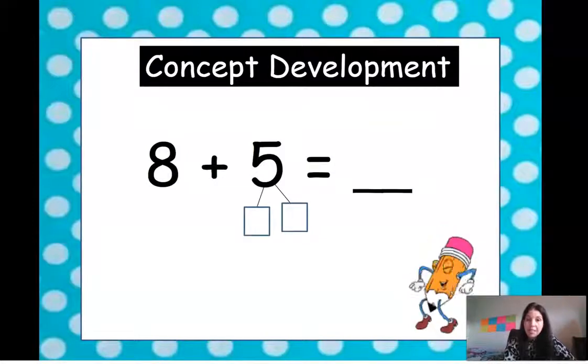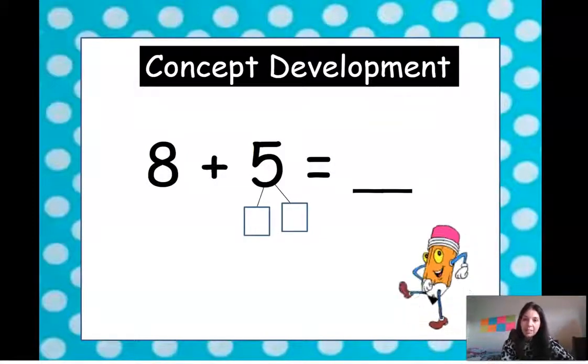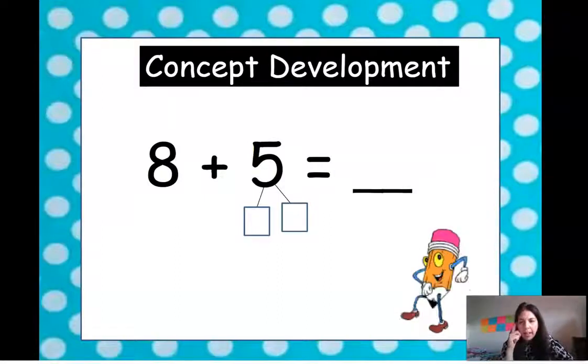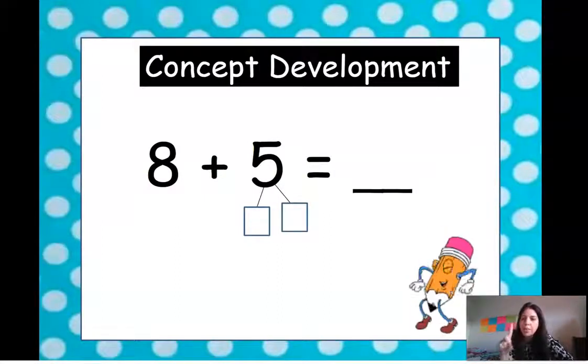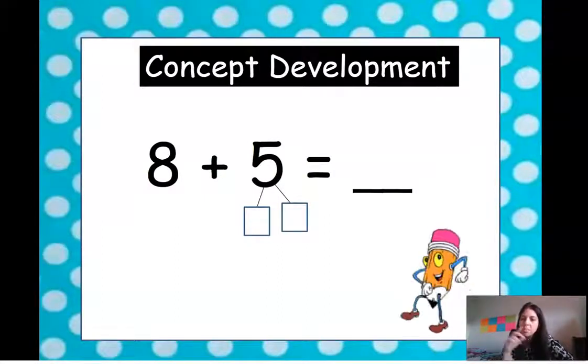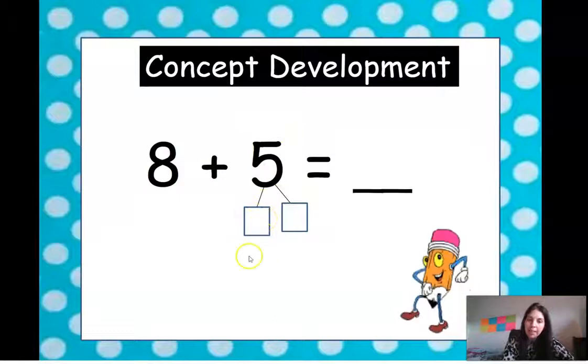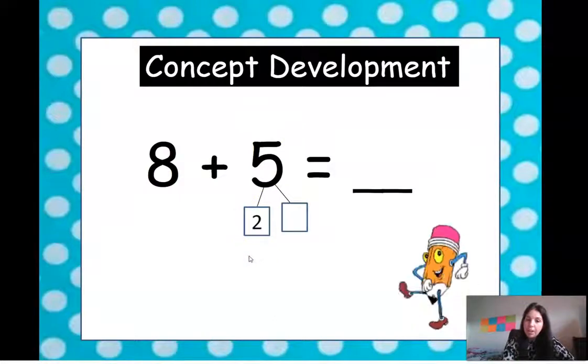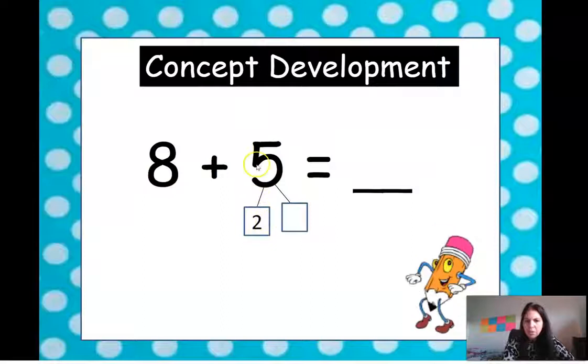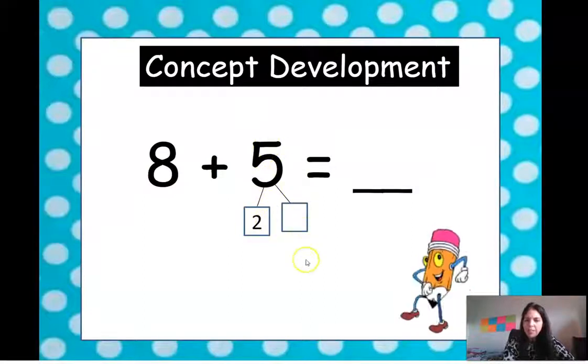So first we're going to make a 10. So again, we have to think about 8 plus, what equals 10? 8, 9, 10? 2, right? So 8 plus 2. So we need this number down here. We need to break it down into a 2. And then we have to think about 2 plus what equals 5? 2 plus 3, right?